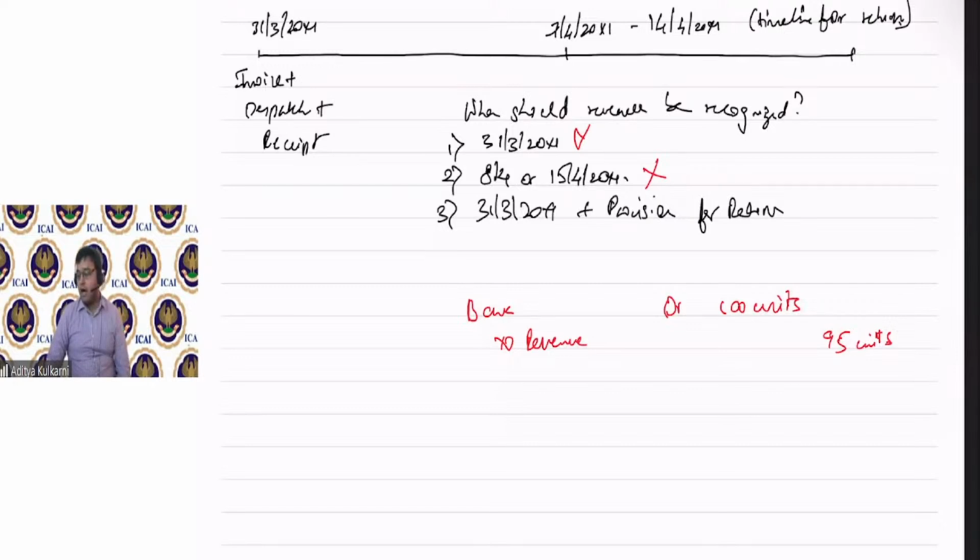Therefore, you are going to recognize the revenue on 95 units. The remaining represent a contract liability, which is 5 units. This will be at selling price.